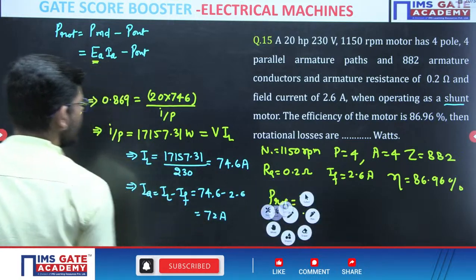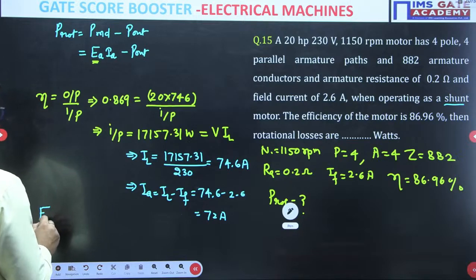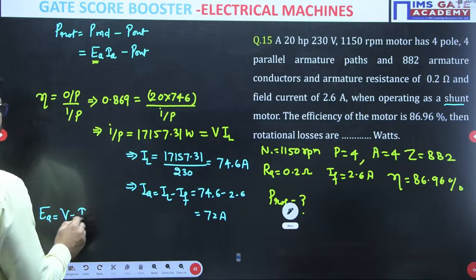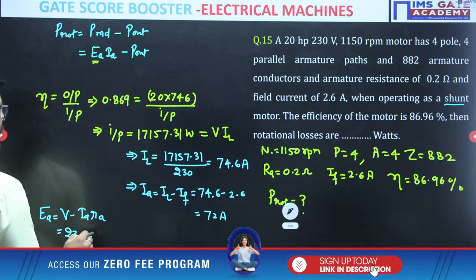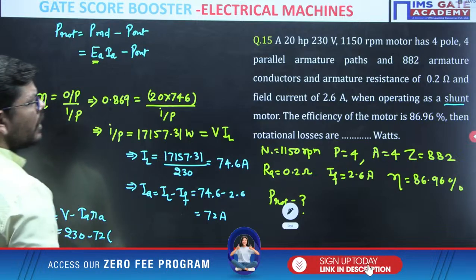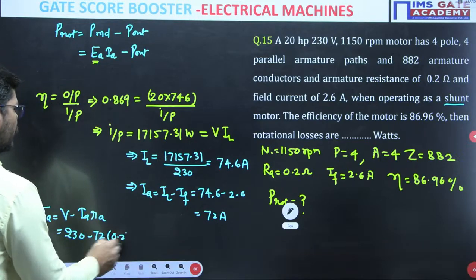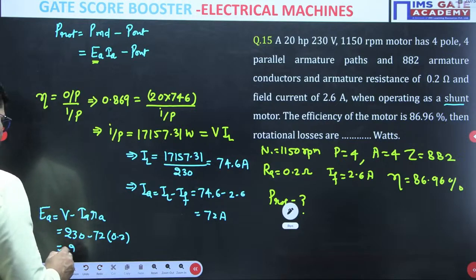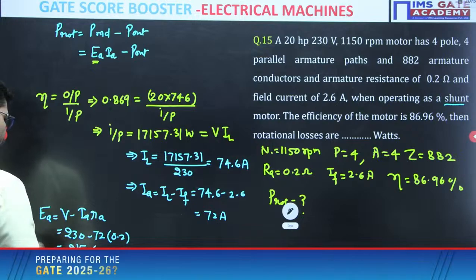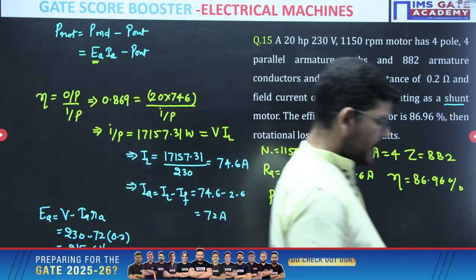Okay, so we need IA, we have IA. Now we can calculate EA, which will be V minus IA RA. So 230 volt minus IA, which is 72, times RA, 0.2. So EA will come to 215.6 volt.